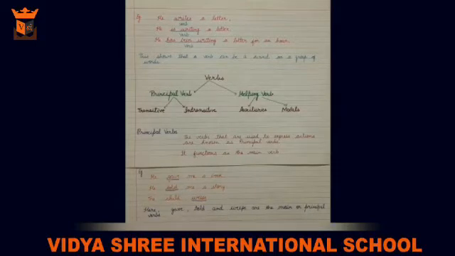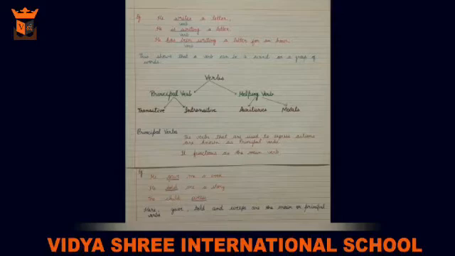Verbs can be categorized under two categories: principal verb and helping verb. Further, principal verb can be categorized under transitive and intransitive, and helping verb can be categorized under auxiliaries and modals.